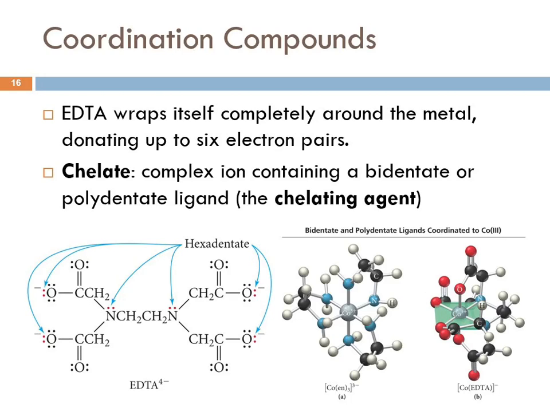A chelate is a complex ion that contains a bidentate or polydentate ligand, and that ligand is called a chelating agent. And EDTA is an awesome chelating agent. If you want to get metal ions, most specifically transition metal ions, out of your solution, you throw EDTA in there, and it will just surround them and take them out of circulation, in essence.